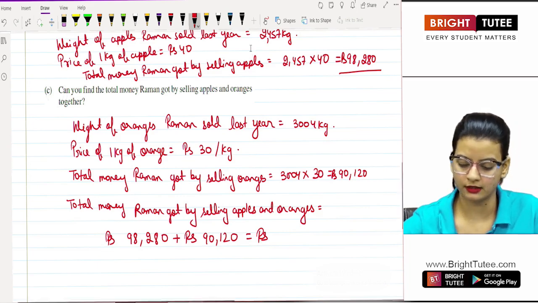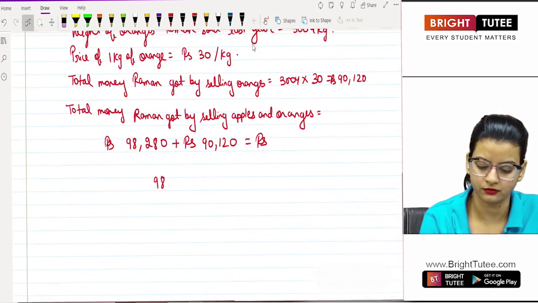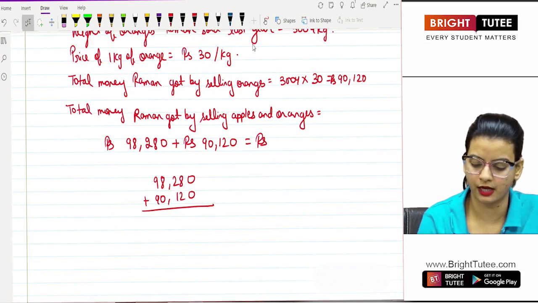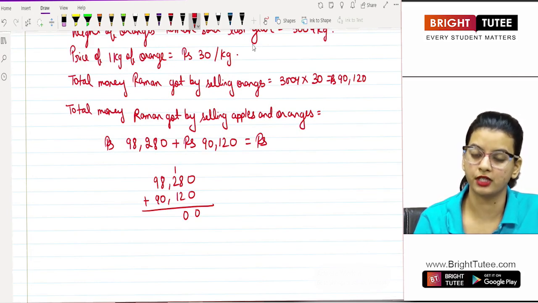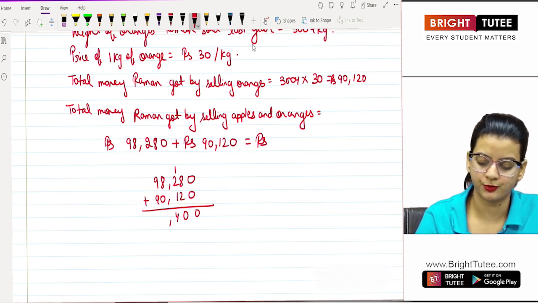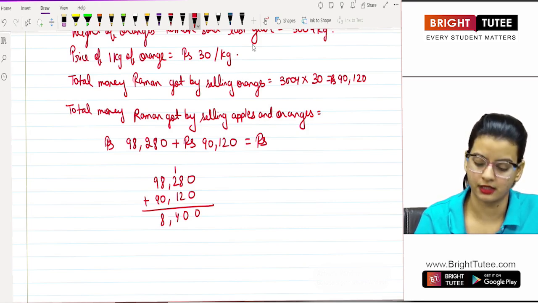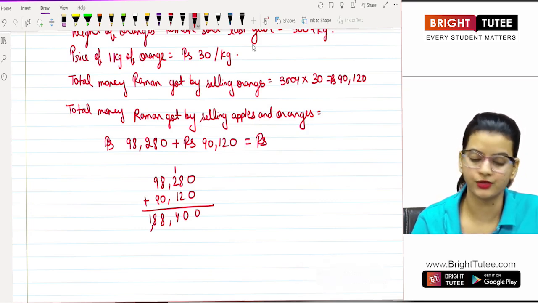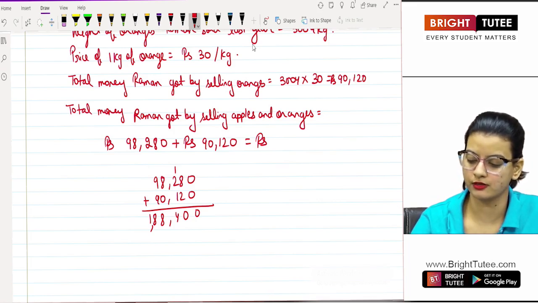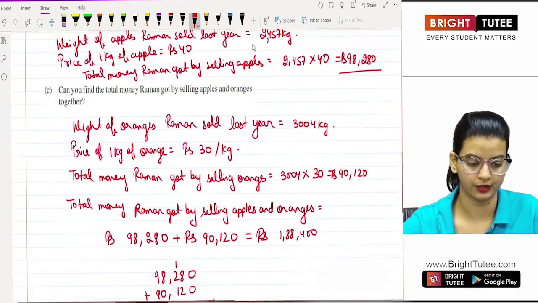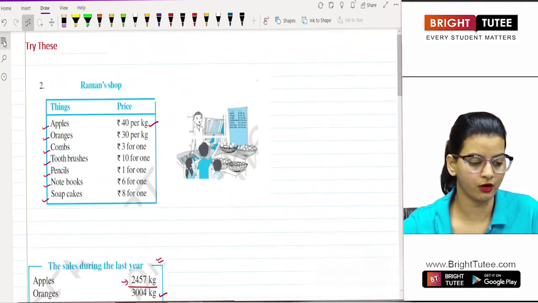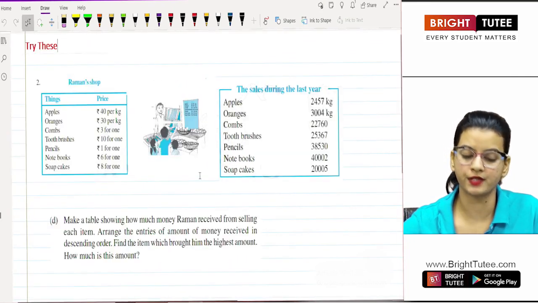Let's add this. 0 plus 0 is 0. 8 plus 2 is 10, so 0 carry over 1. 2 plus 1 is 3 plus 1 is 4. 8 plus 0 is 8 and 9 plus 9 is 18. So it is 1,88,400.